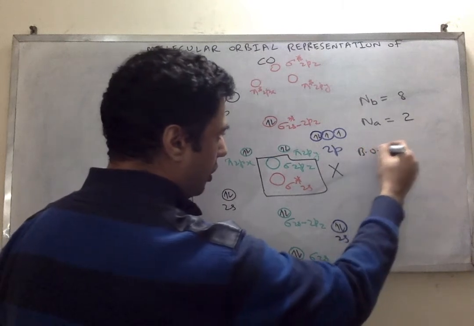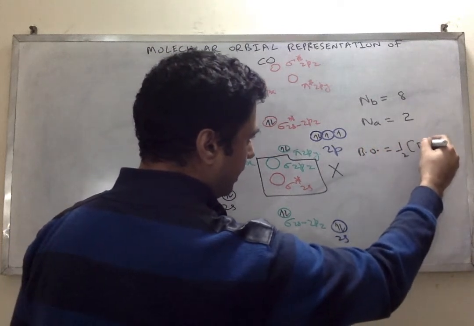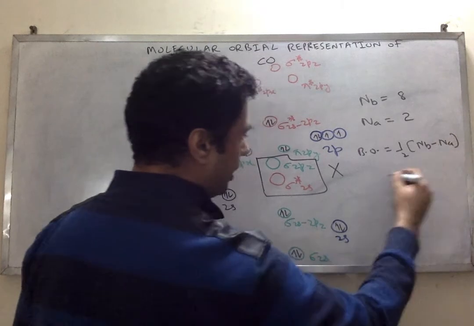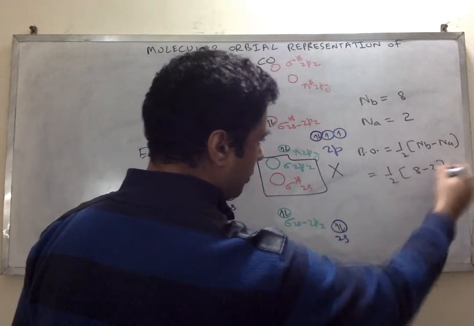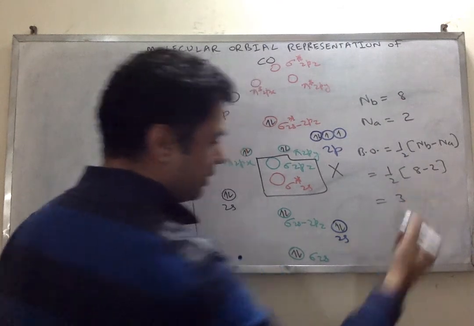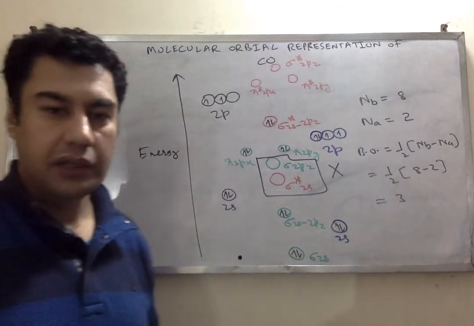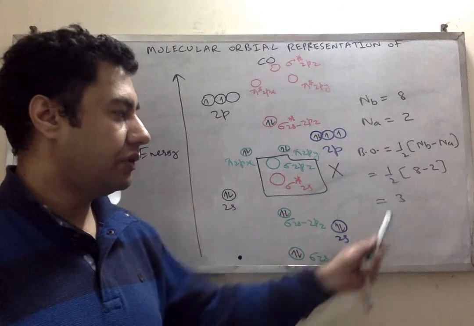Therefore bond order is equal to half of the number of bonding electrons minus the number of anti-bonding electrons, which is 8 minus 2 divided by 2, which is nothing but 3. Therefore we conclude that the bond order in the carbon monoxide molecule is 3.